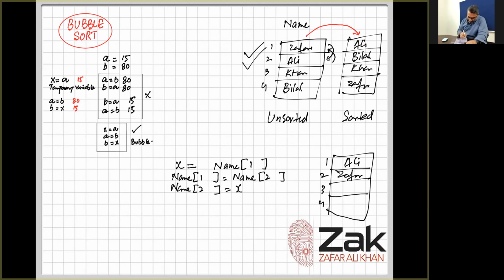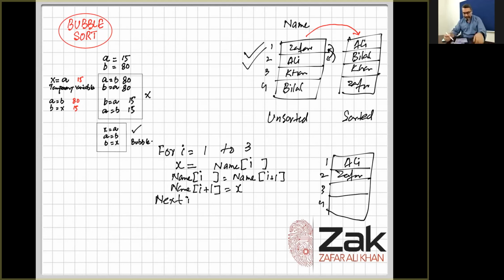I will put this whole thing in a loop for I is equal to 1, 2, 3, and I will write X is equal to name I, name I is equal to name I plus 1, and name I plus 1 is equal to X, and then next I.